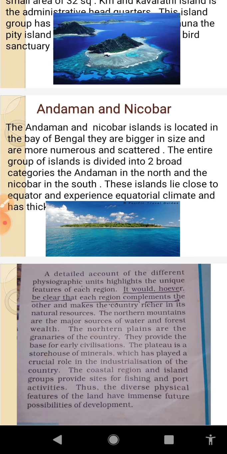Thus, we can say that all these physiographic features, the landforms we get, have given our country immense future possibilities of development.